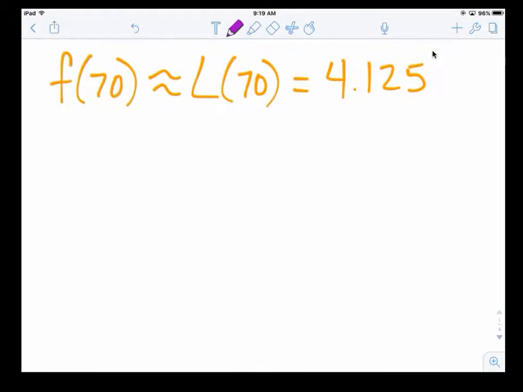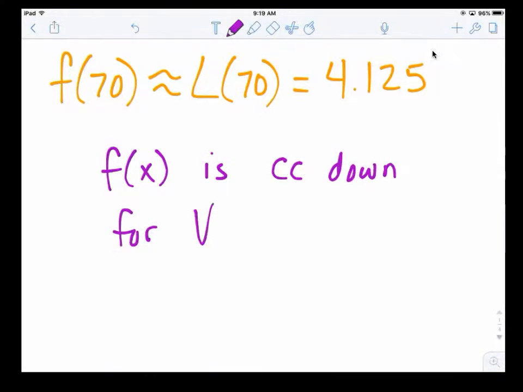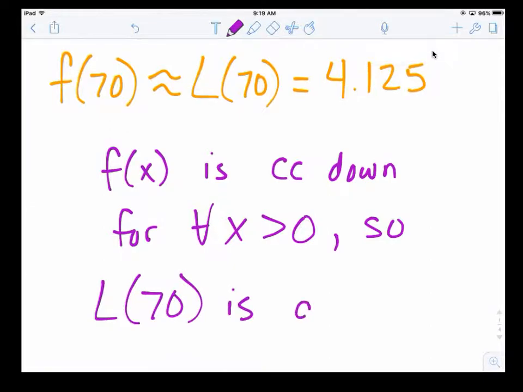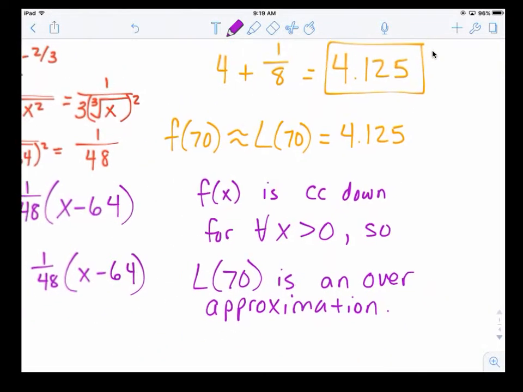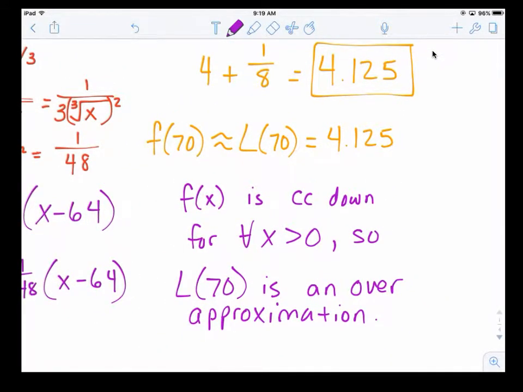We could say f of x is concave down for all values of x greater than 0. So L of 70 is an over approximation. Now, if it was concave up, where do you think the tangent lines would be? Below, right? And then it would be an under approximation.